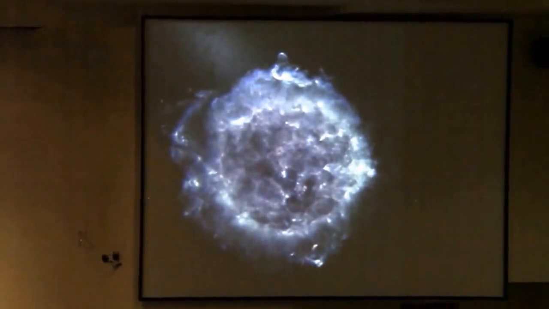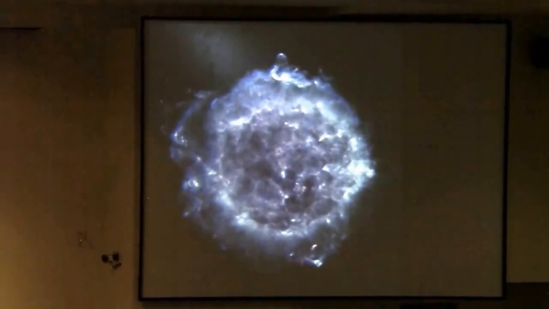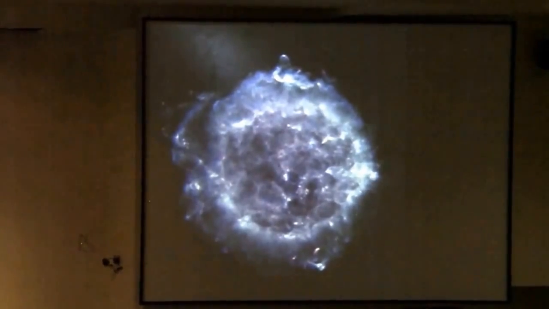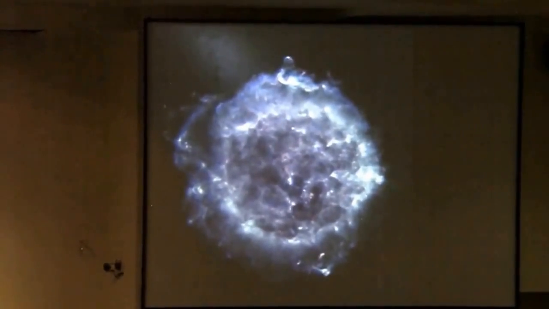But in the 1940s, it was rediscovered as one of the brightest radio sources in the sky. So again, a big difference. In the optical, we see nothing, but in the radio, it's one of the brightest things in the sky. This bubble is expanding by about 1% per year. It's so new, so recent, that you can still see it expanding by about 1% per year and fading by about 1% per year.